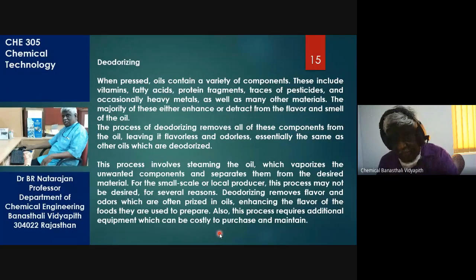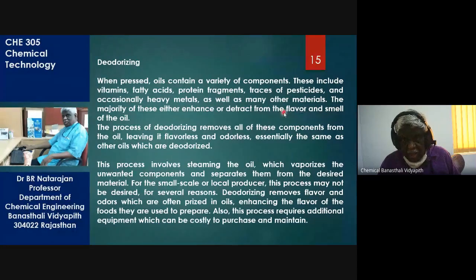Then deodorizing. Some chemicals bring a funny odor to the oil. Remember, many people when they buy mustard oil, they open and smell it to see how pungent it is. Pressed oils contain a variety of components, including vitamins, fatty acids, protein fragments, traces of pesticides, and occasionally heavy metals.